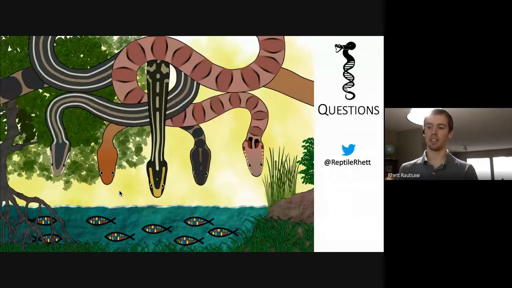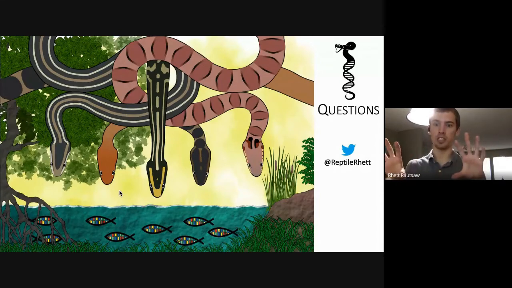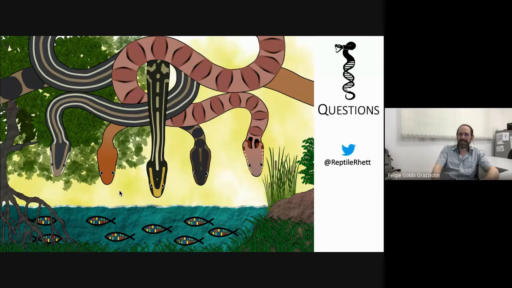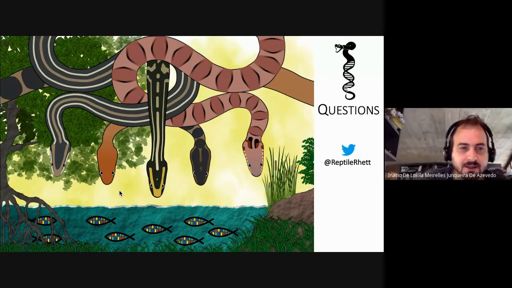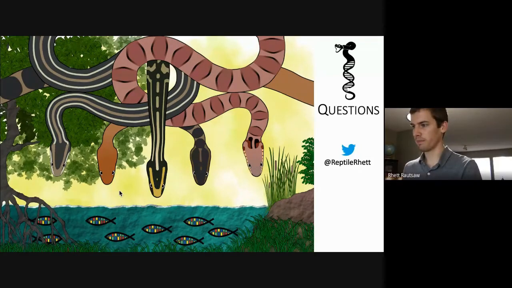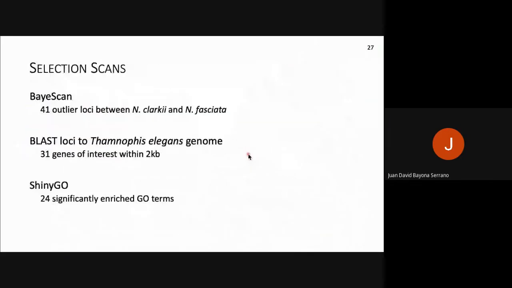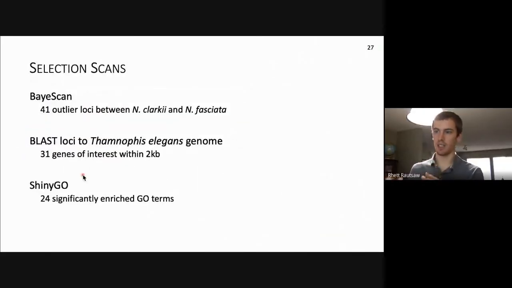Yeah. So we basically took our 2 populations, the DAPC 2 clusters, the Clarkii and Fasciata. Can you go back to that slide? Yeah. So maybe with the slide. Yeah, so this is the main description. We ran the program Bayescan, which is an FST outlier approach, essentially.